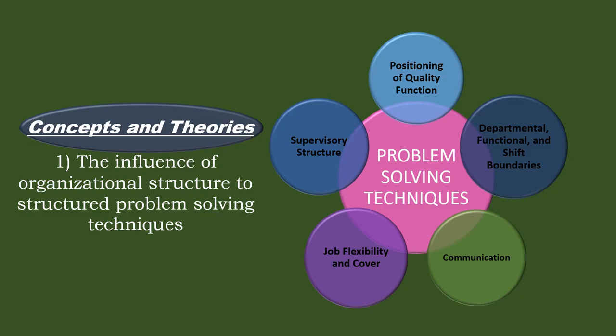And lastly, supervisory structure. Supervisory structure is the key factor to improve the efficiency of a problem-solving process. This is due to the fact that supervisors will be the ones to initiate the problem-solving process once defects or deficiencies are observed or identified.